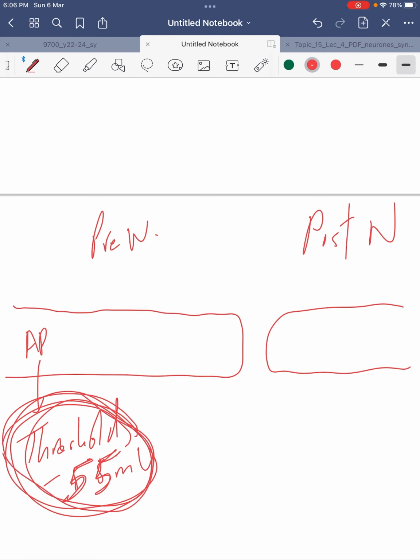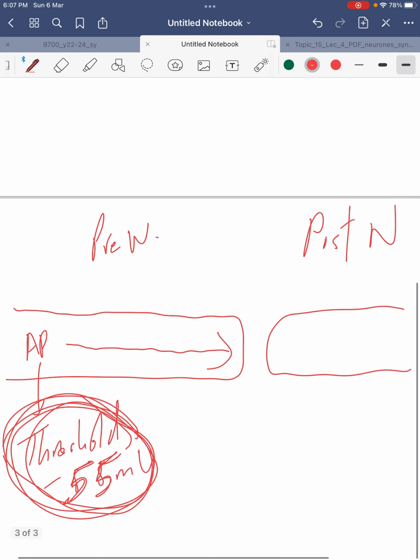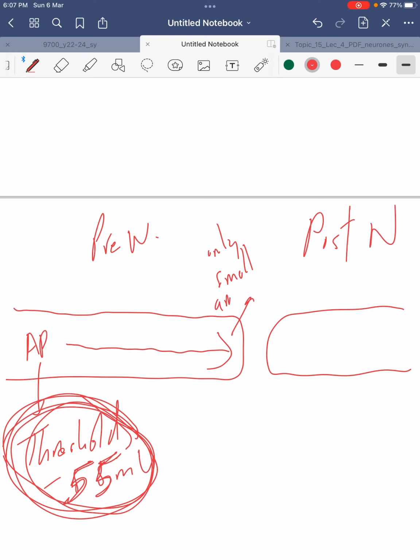Now let's say a stimulus occurs just enough to reach the threshold value. So action potential will occur here, and a nerve impulse will propagate here. But because the stimulus has just reached threshold value, maybe only a small amount of acetylcholine will be released here, and so not enough to cause action potential in the next neuron.